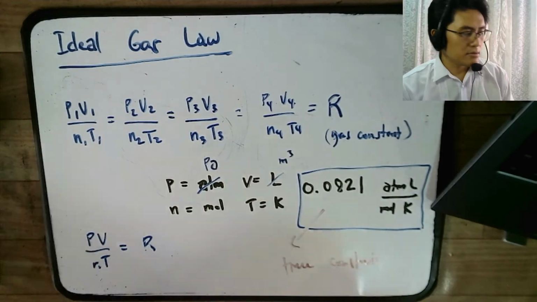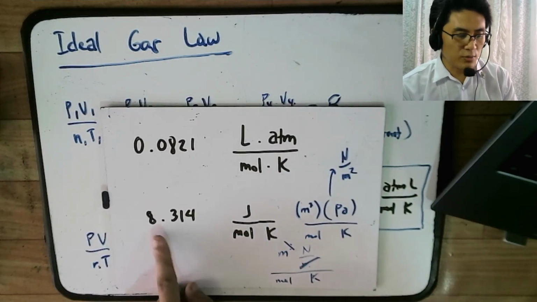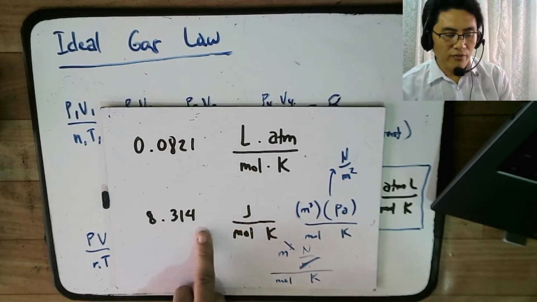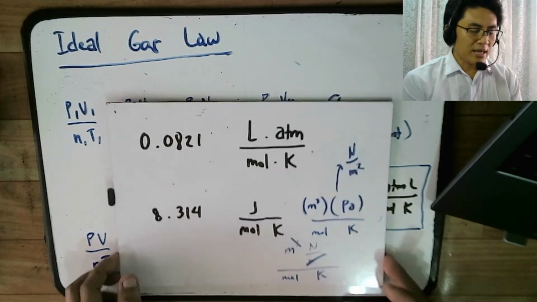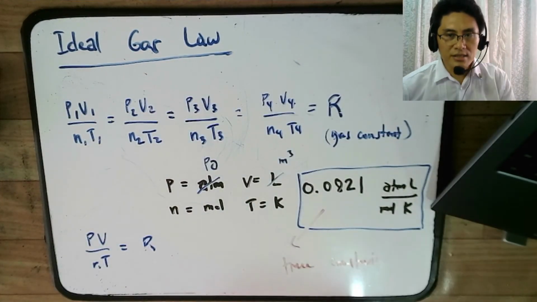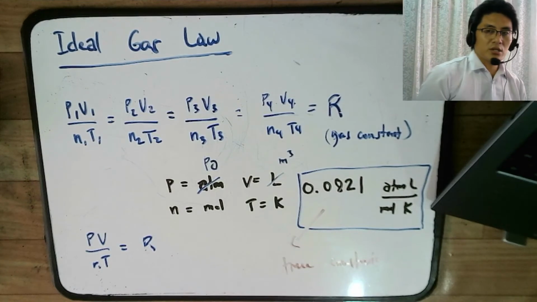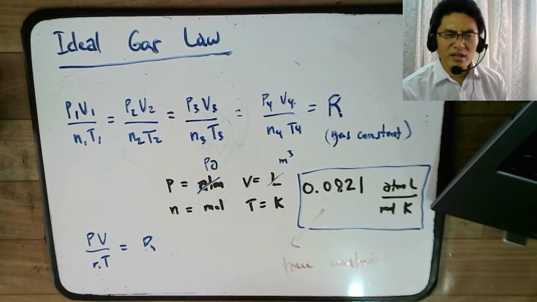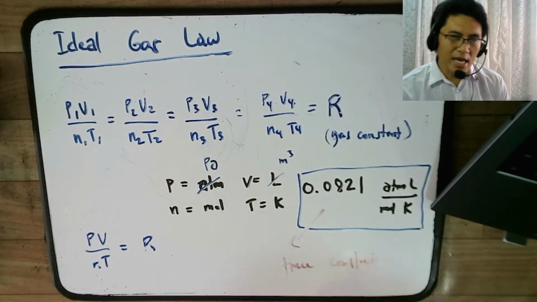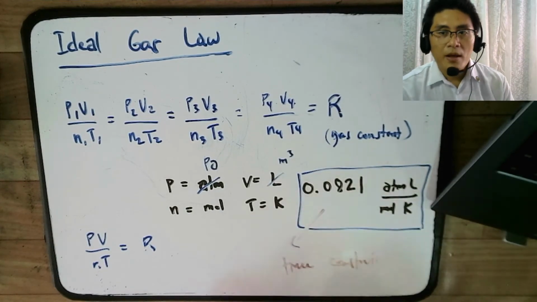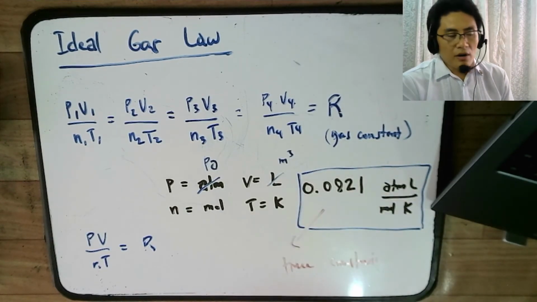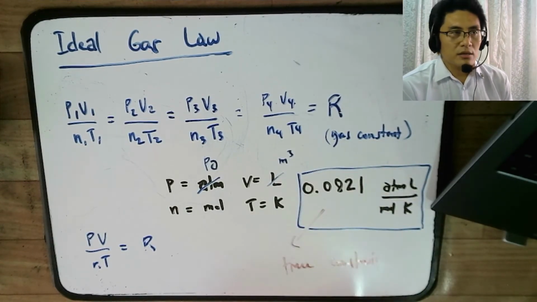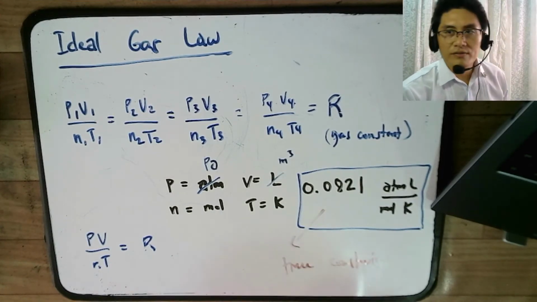And the second most commonly used is this one, 8.314 joule per mole Kelvin. But again, the most common one is this one. And this is also what is used in the grade 10 learners' material, so I would slightly lean into this value.